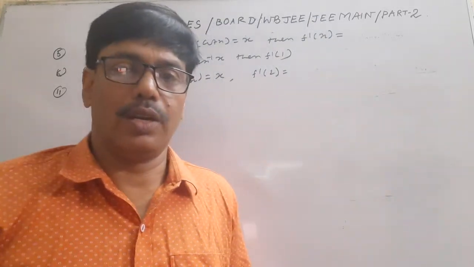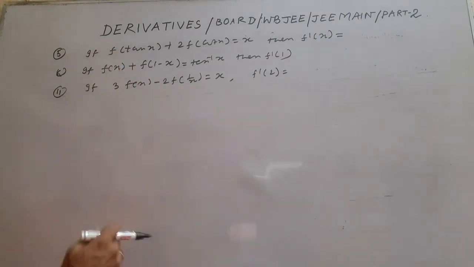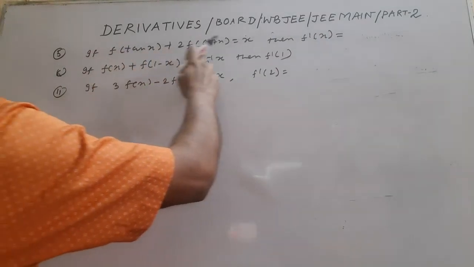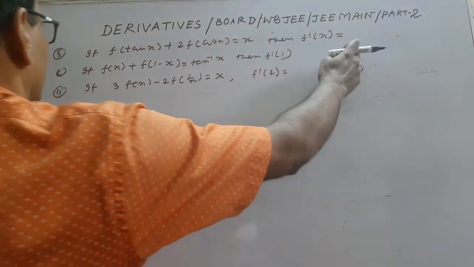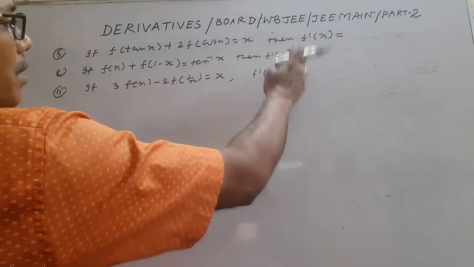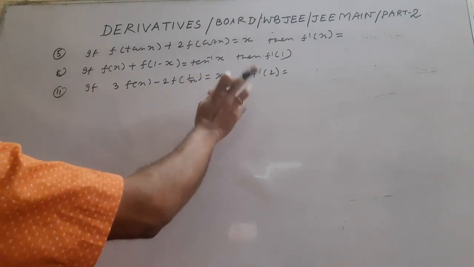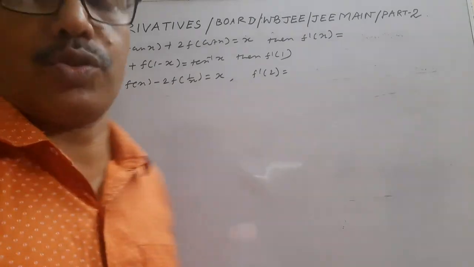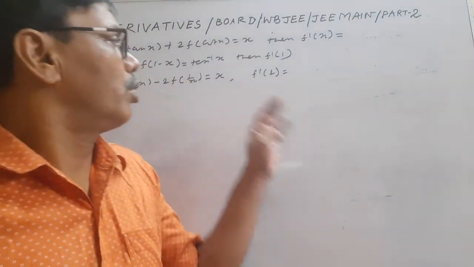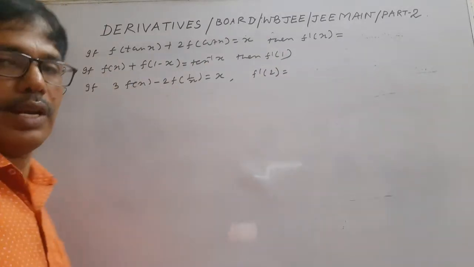Now we consider 3 similar problems. F tan x, f cot x equals to x, find f dash x. Fx plus f1 minus x equals tan inverse x, find f dash 1. If 3fx plus 2f1 by x equals to x, find f dash 2. So these are problems of functional relation.